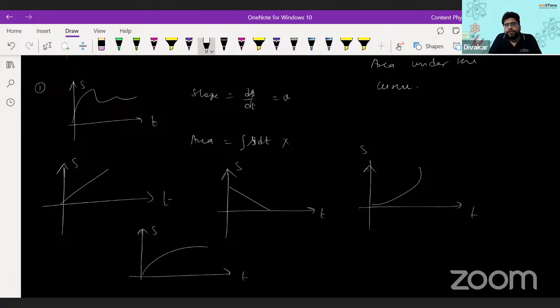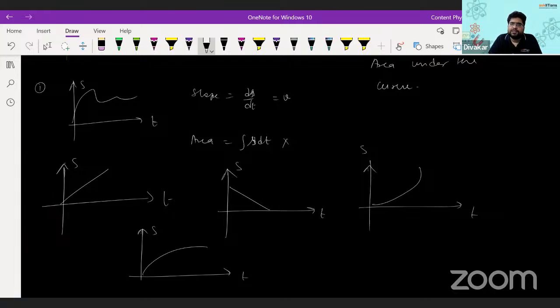So graphs could be of various kinds, shapes and sizes. What you need to focus on is what the angle represents. For example, in the first case, you can see tan theta is positive and it's representing a constant slope. That means my velocity is constant and positive. In the second case, the slope is negative. So that means my velocity is negative, and slope constant means it's a constant negative velocity.